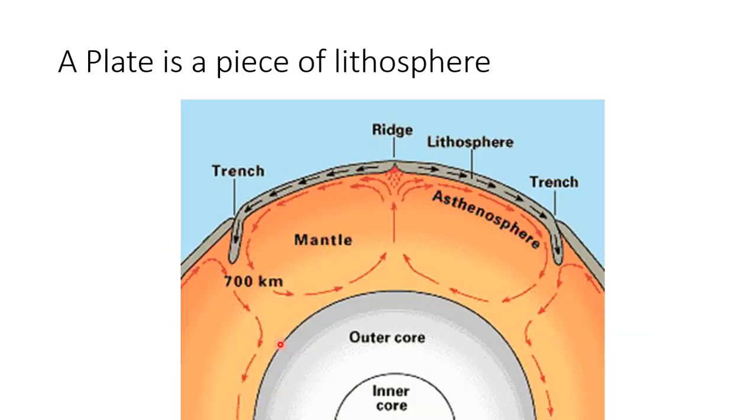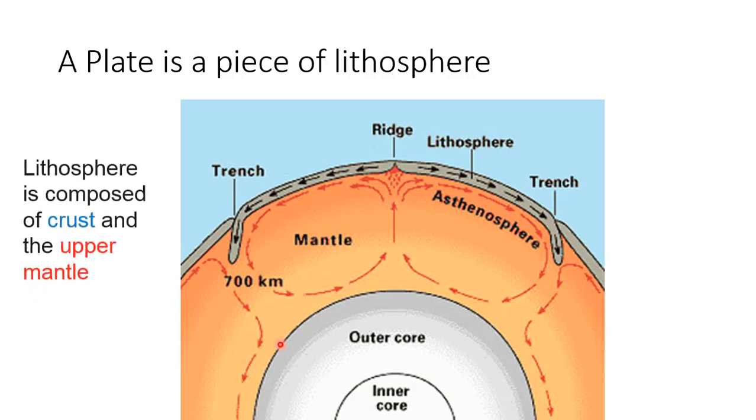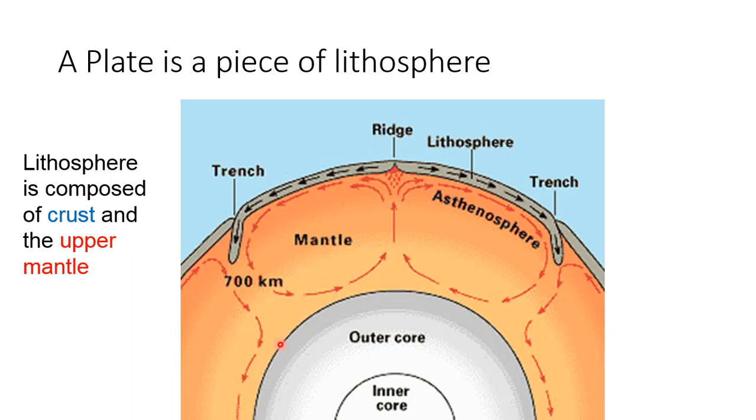So here's a better picture of that. A plate is a piece of lithosphere. This lithosphere is composed of crust and upper mantle. In this picture it says this is the lithosphere. The lithosphere, you're going to see in the next picture, is crust on top and a piece of the upper mantle, the asthenosphere, which is liquid rock that is going around.